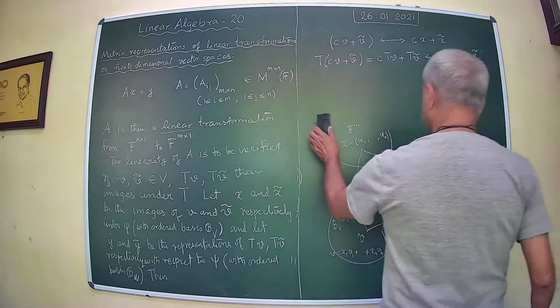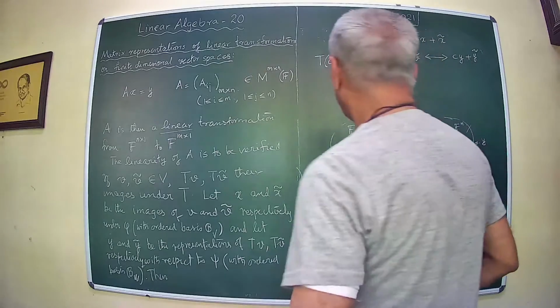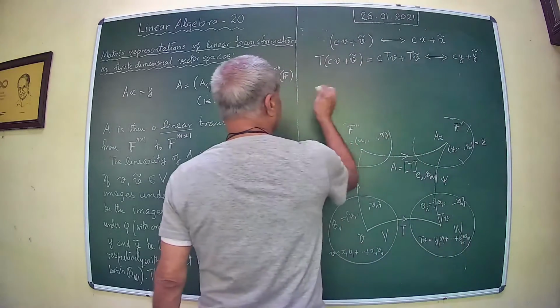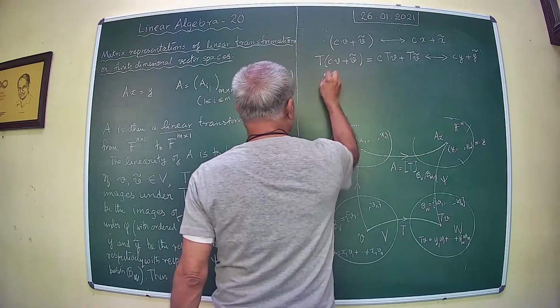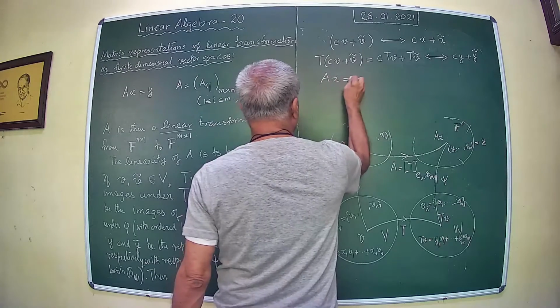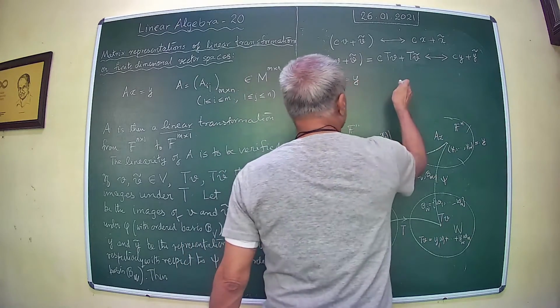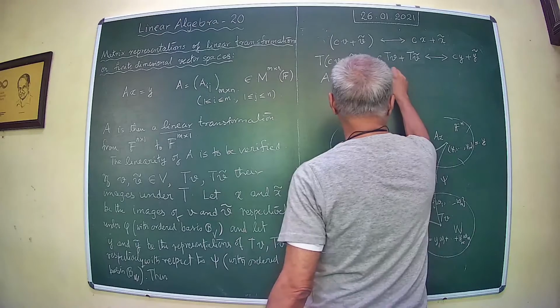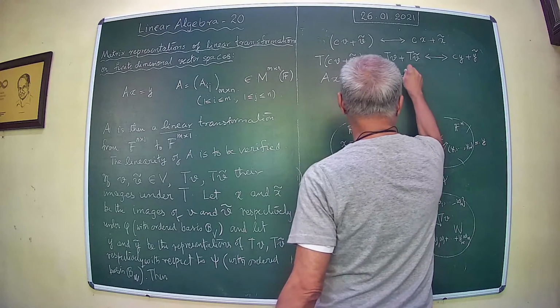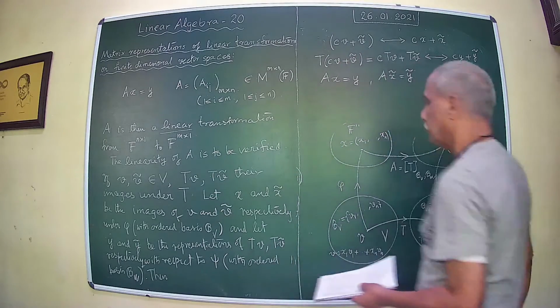Now what you have is that Ax equal to y and A x tilde equal to y tilde. This is the representation.